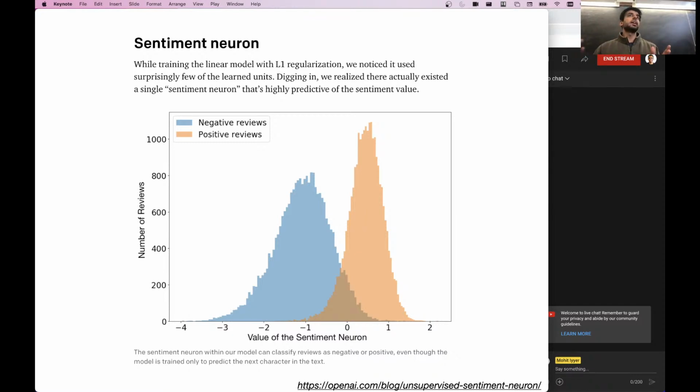There was nothing in their training procedure that said this neuron should be responsible for sentiment or that there should just be one neuron. It's some function of the training process and the data that they were able to see this behavior. But it's probably one of the few success stories of actually looking at the specific values of these neurons.